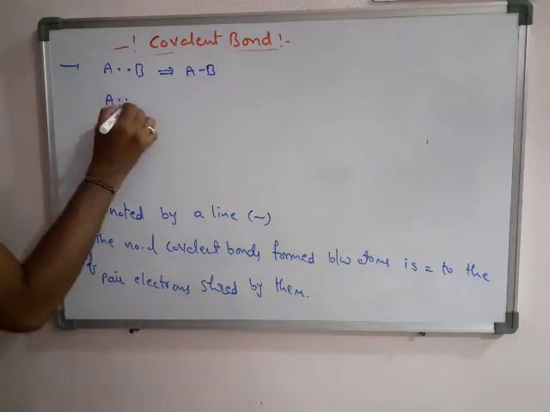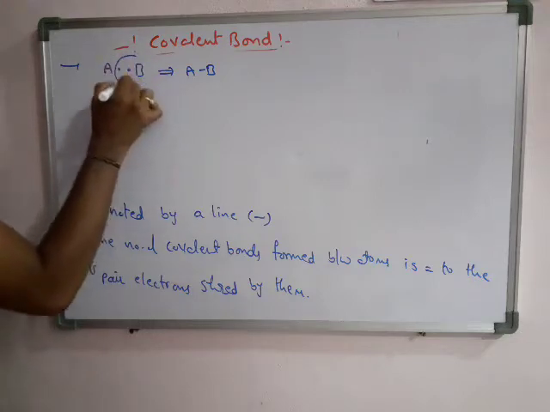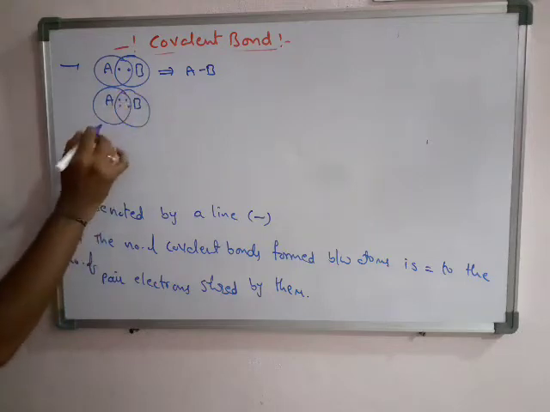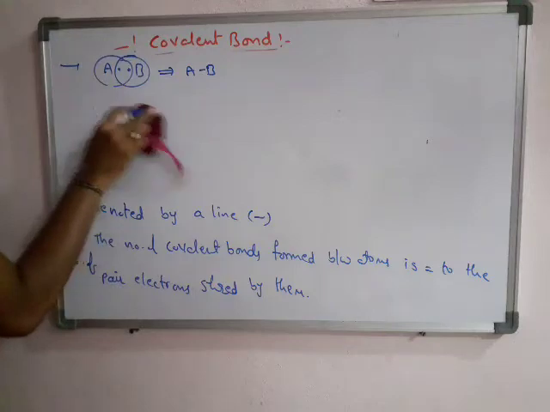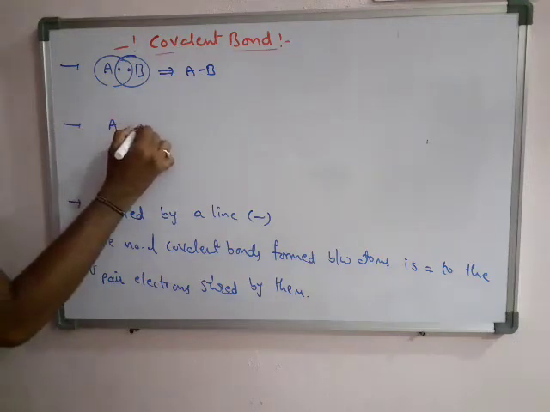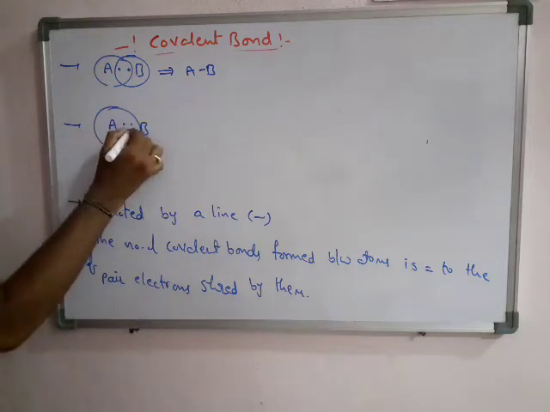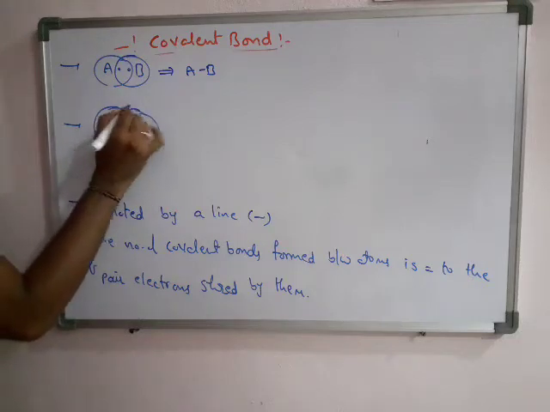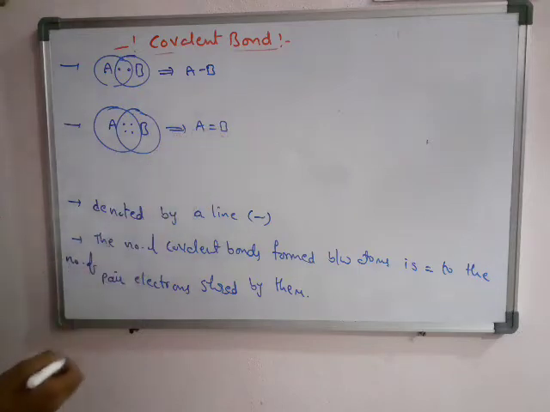If A donates 2 electrons and B donates 2 electrons, and they are shared by both atoms, here 2 pairs are shared, so a double covalent bond is formed.